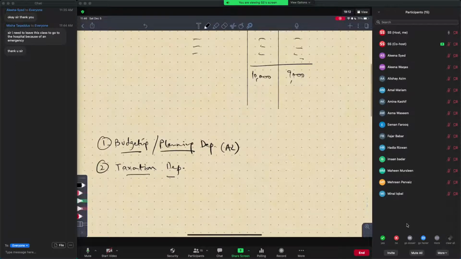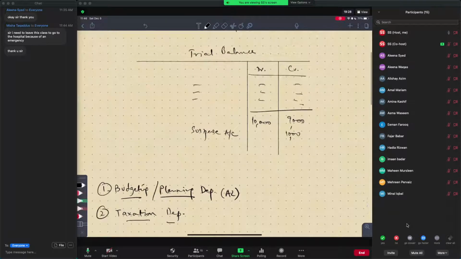What we do is we get the trial balance balanced zabardasti, right? We insert something called a suspense account on the trial balance wherever we find the deficiency. In this case, it's on the credit side, right? And then we balance the trial balance with the suspense account. We show this trial balance artificially balanced.